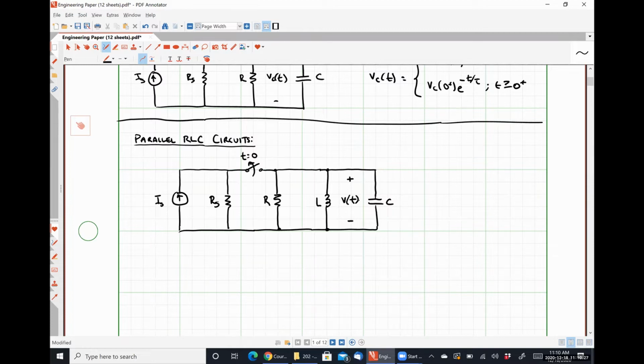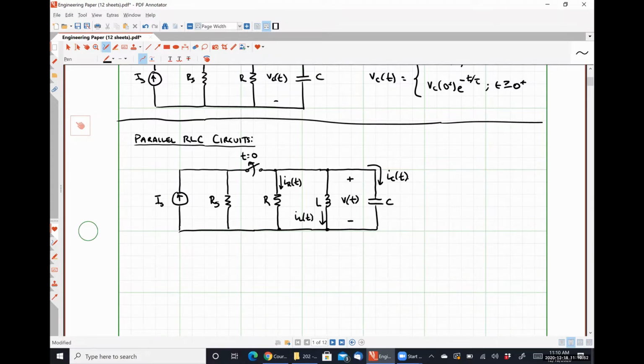Another few figures of merit that we might have to pay attention to, and we definitely will have to pay attention to actually, is our resistor current, IR of t, our inductor current, which I'll draw down here because I'm running out of room, IL of t, and our capacitor current, IC of t.